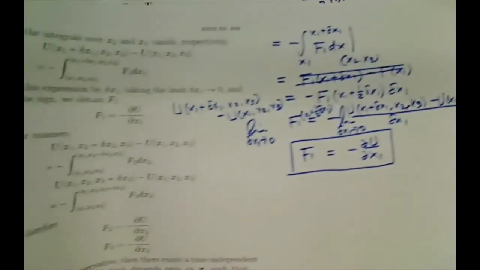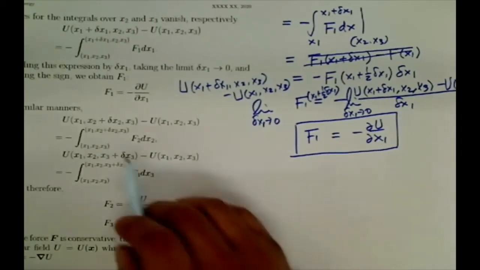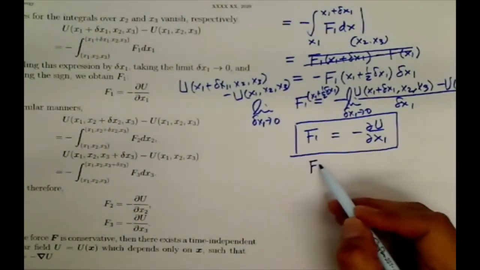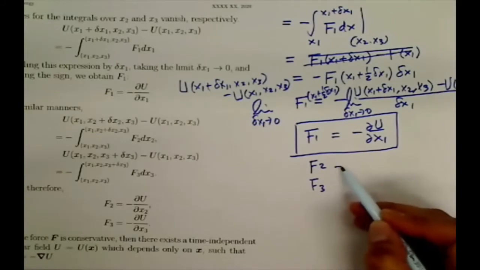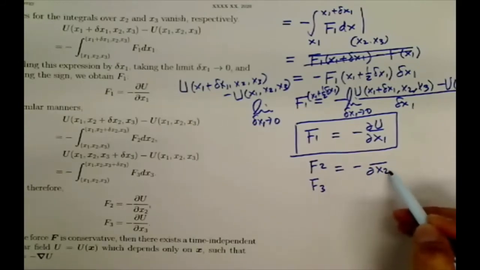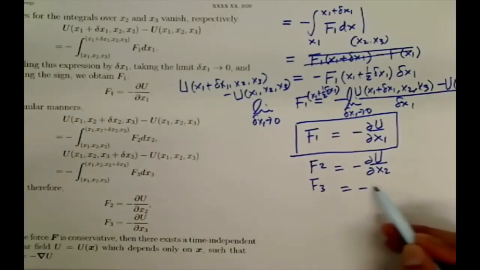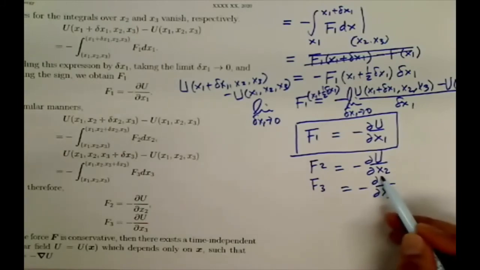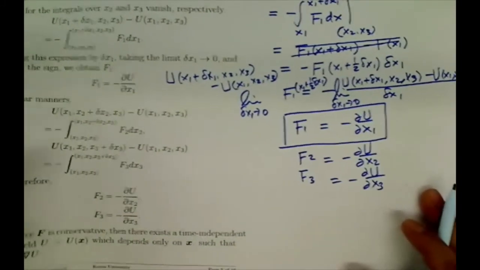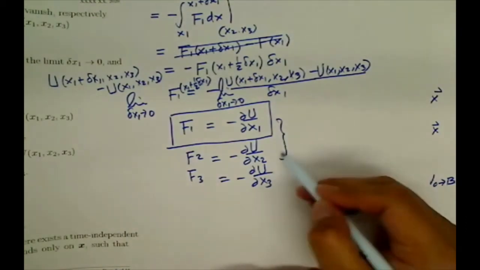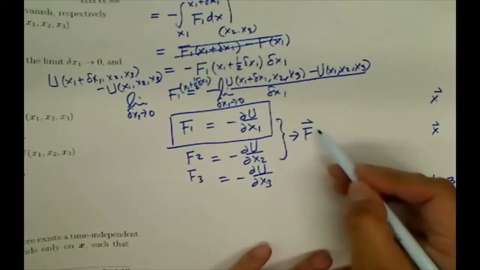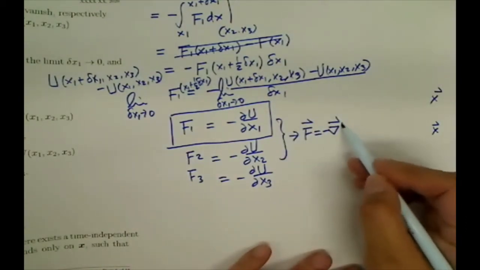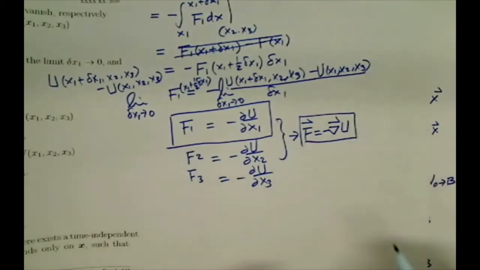In a similar manner, we can check that F2 and F3 are all those values. If I combine everything all together, then you'll find F equals minus the gradient of potential energy.